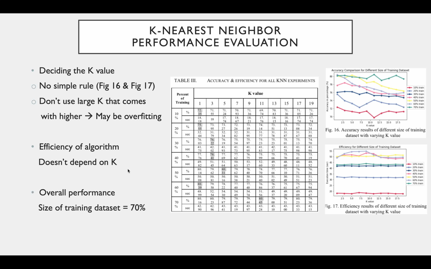As for the overall performance, when we use 70% as the training data set size, we can get much better performance, since we can see from figure 16 and figure 17 that we have the highest accuracies in figure 16, and also relatively smaller execution time as shown in figure 17.